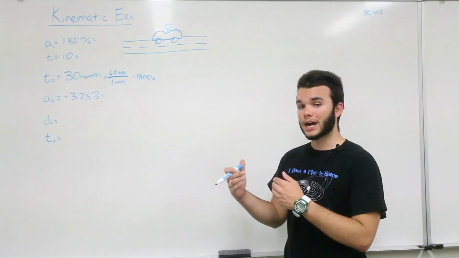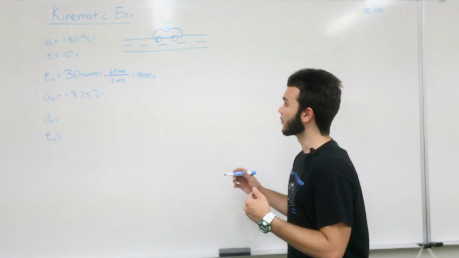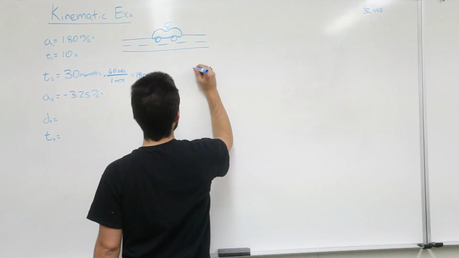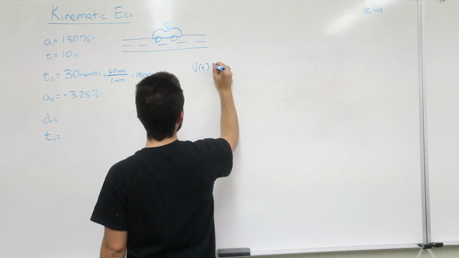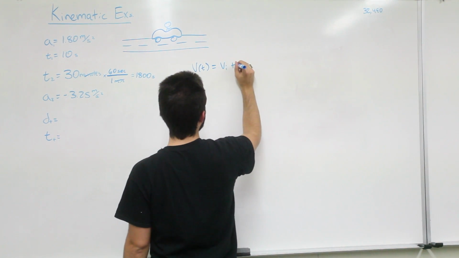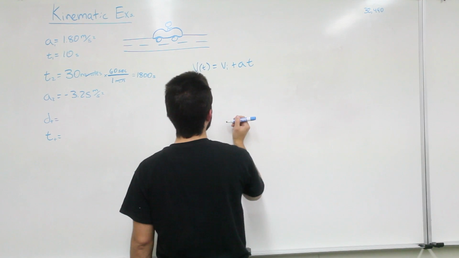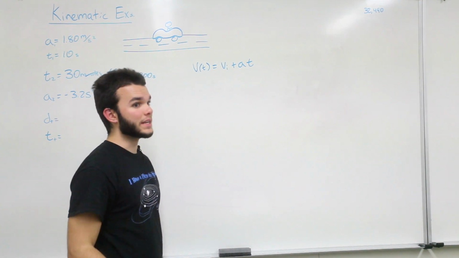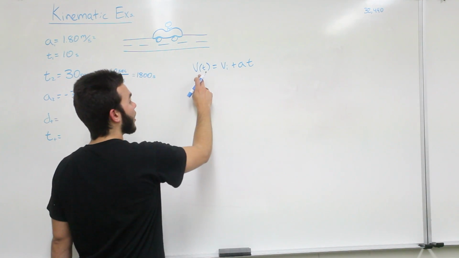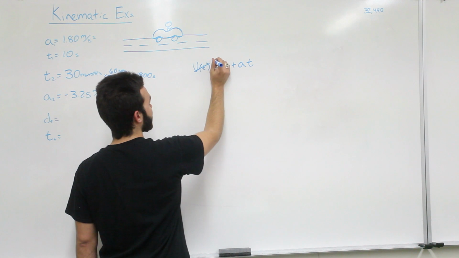We need to find the time it took us first. So we're going to use our first equation again, which is v of t equals v initial plus at. Assuming that we decelerate till we stop, our velocity at that time is going to be 0.